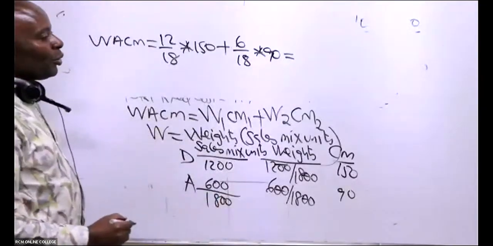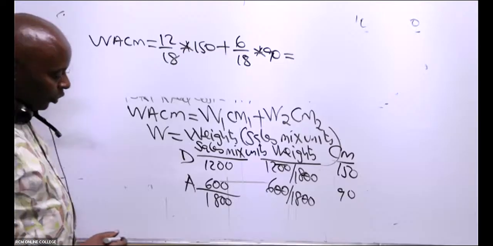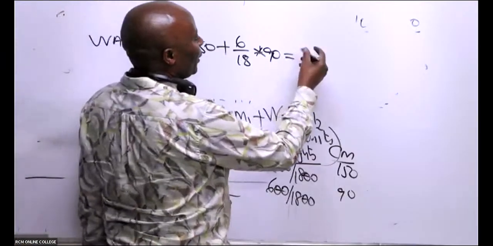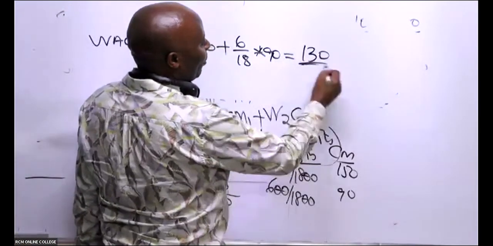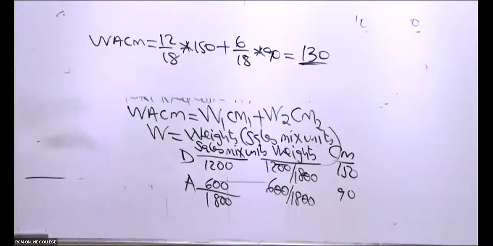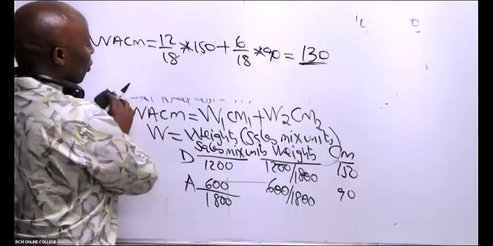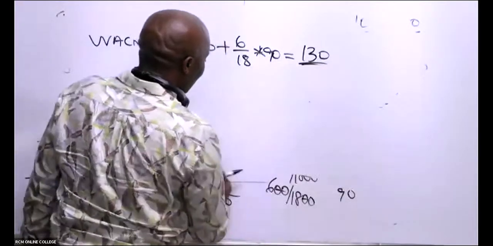So is there somebody who is able to give me this weighted average contribution margin? Mary Ann is giving me a figure of 130. Are we able to get 130, all of us? If you use that 0.67 whatever, you would have gotten 129. You will still be okay, but you will miss out on a few things. So that is WACM. Therefore, I should be able to come and get the X break even.